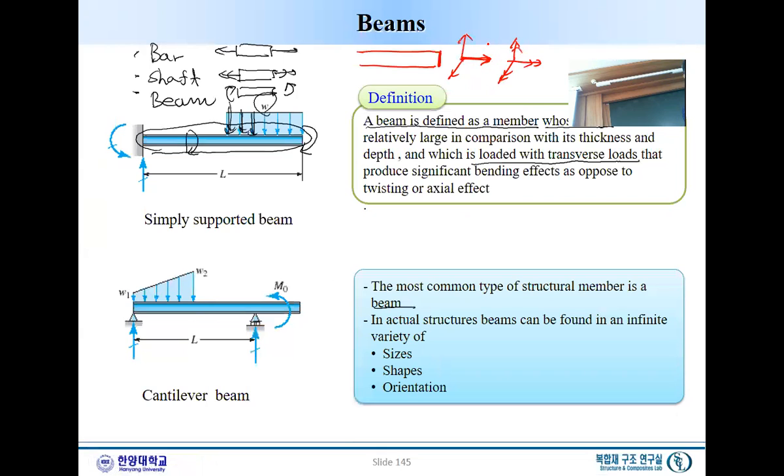So this will be called Fx. This is, say, the x coordinate, and this will be Fy and Fz, and this will be moment x, which happens to be torque, right? Which is related to a shaft, and moment y and moment z. Okay, so this one is a bar and this one is a shaft.